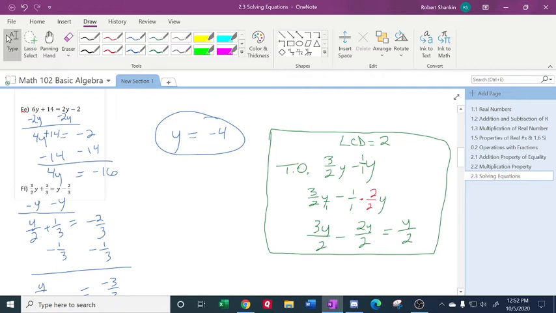First thing I did in E is I moved all the terms that contain Y to the left side by subtracting what was in the right side from both sides. And that's the same thing I'm doing in F, subtracting Y from both sides. Okay, so it started out same procedure as E.